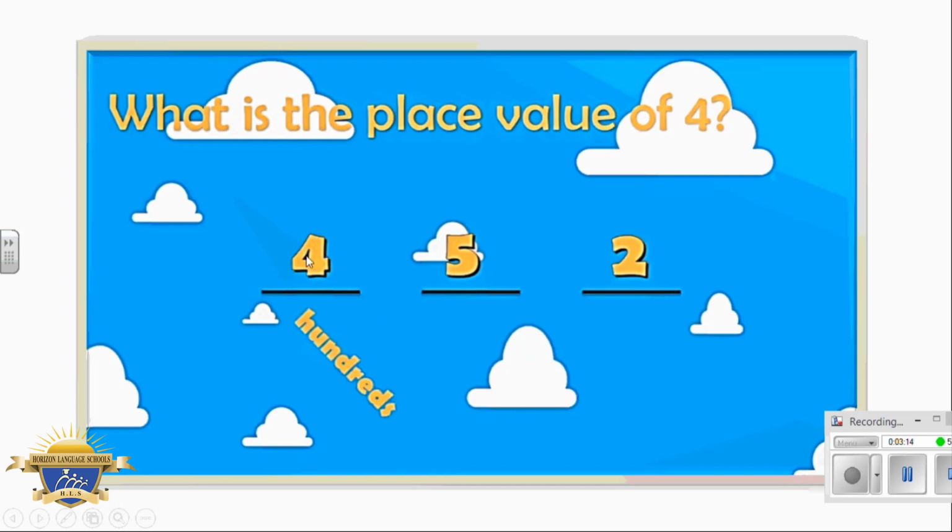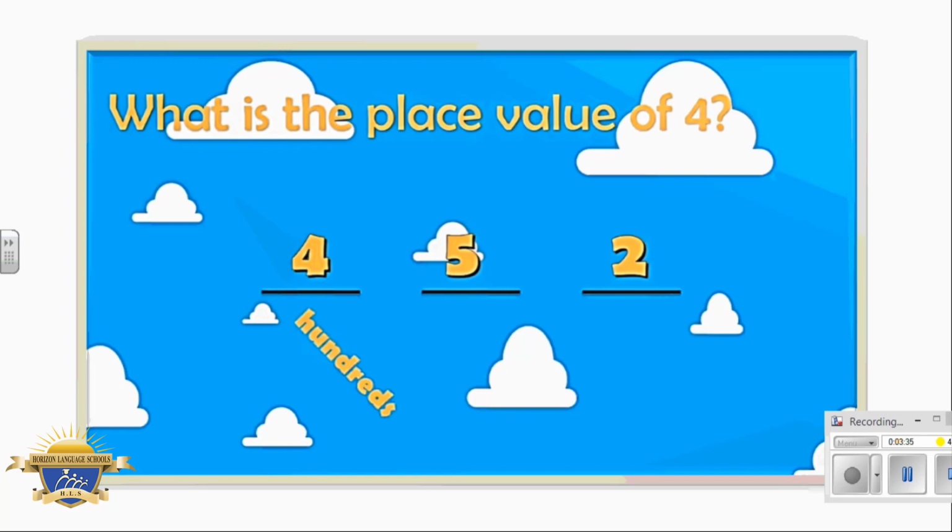In the number 452, we said we will start on the right side, so ones, tens, hundreds. So the place value of 4 is hundreds. The place, the home of the number.